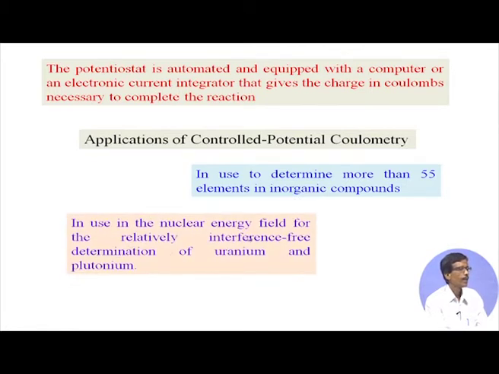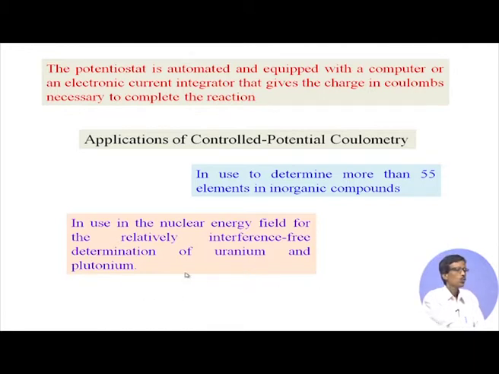Then in the area of nuclear chemistry or the corresponding nuclear program, we have uranium and plutonium. In the energy field, in all the nuclear reactors we use these as the corresponding fuel. So, the relatively interference-free determination of uranium and plutonium is required.